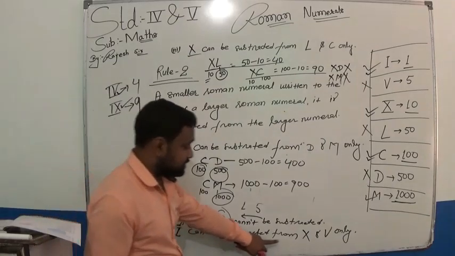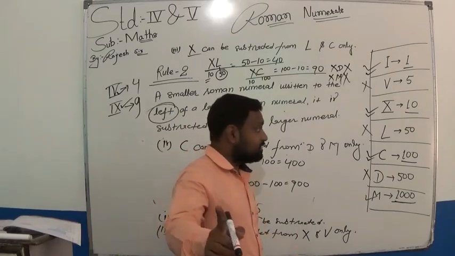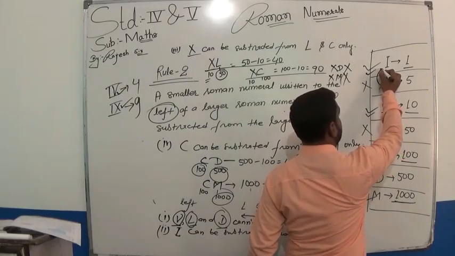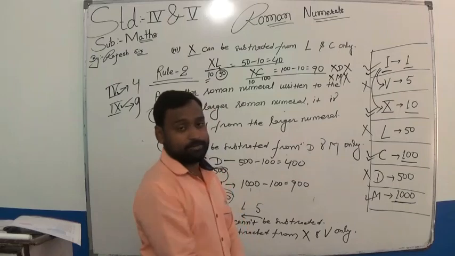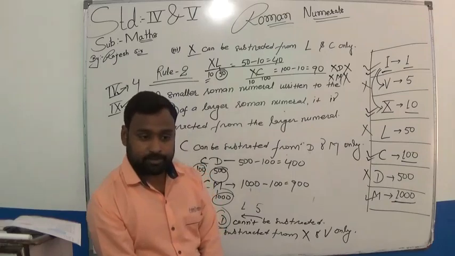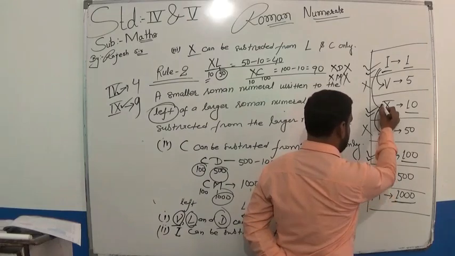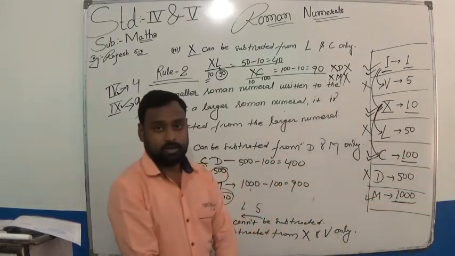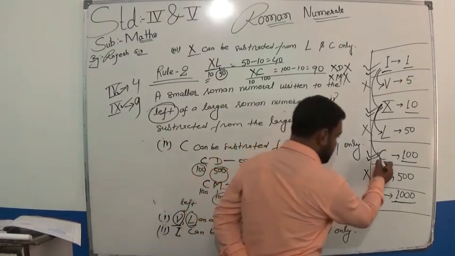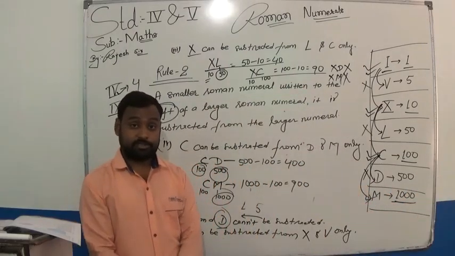Next, I can be subtracted from X and V. X can be subtracted from L and C. Same way, C can be subtracted from D and M. Can you see any similarity?